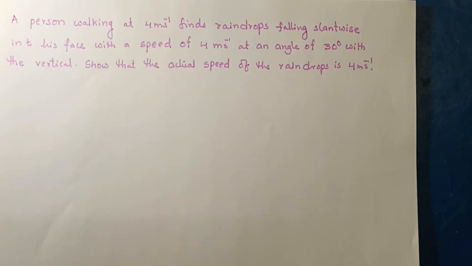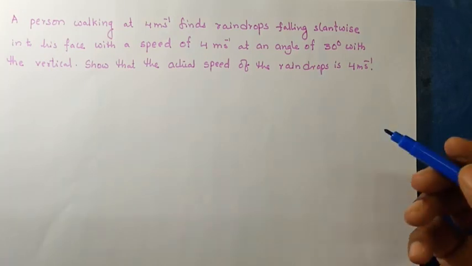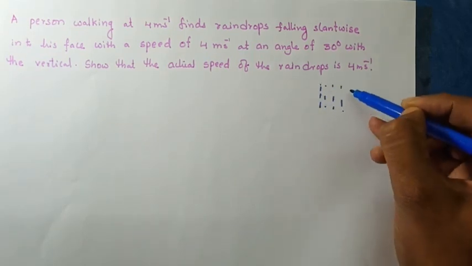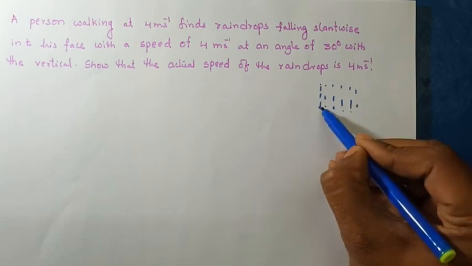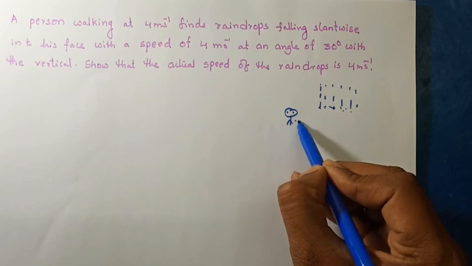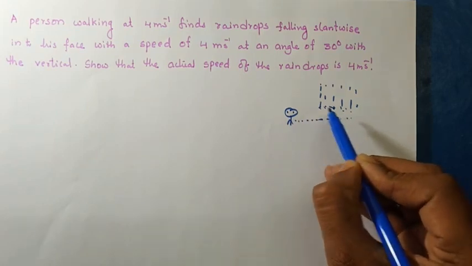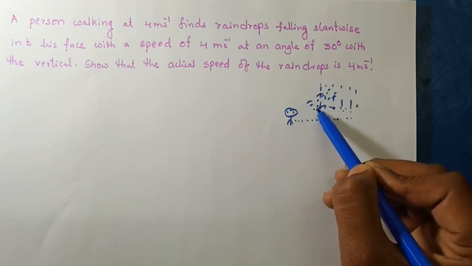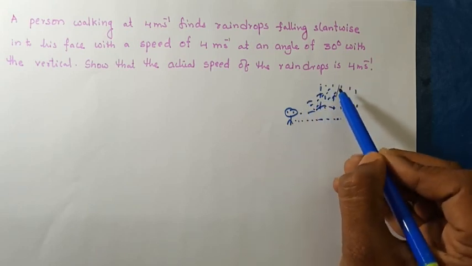That is, he feels that it is coming at 30 degrees with the vertical. Generally rain is falling down, and like a person walking, we feel that the rain is striking our face at some angle, like 30 or 40 degrees.